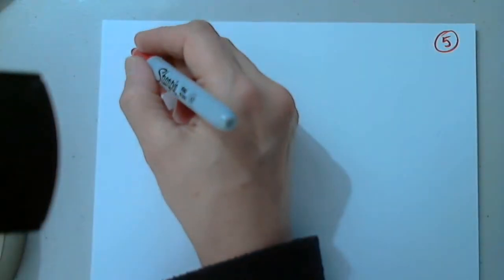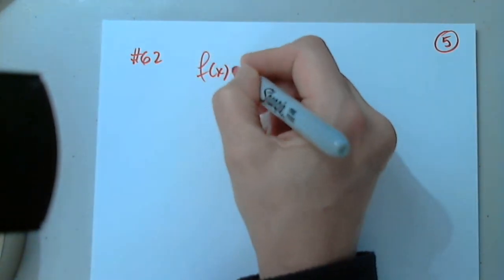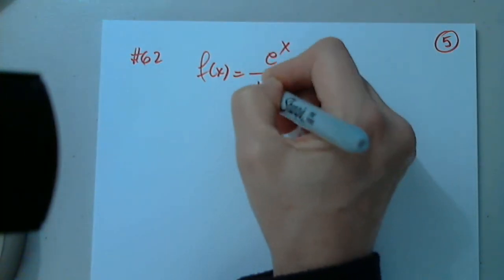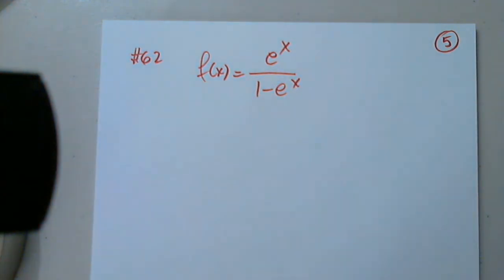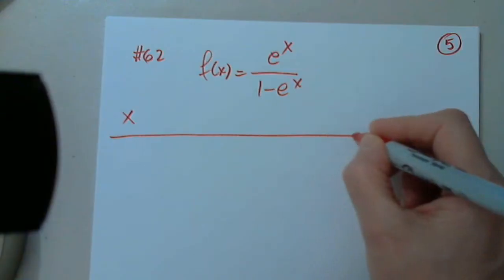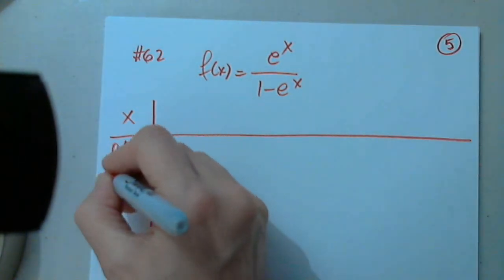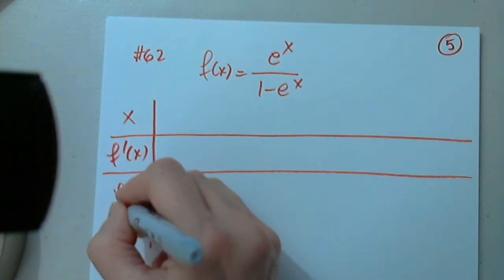So let's look at 62, which caught my eye. So e to the x over 1 minus e to the x. I have no idea. It could be a mess. It's okay if it is. The element of surprise.